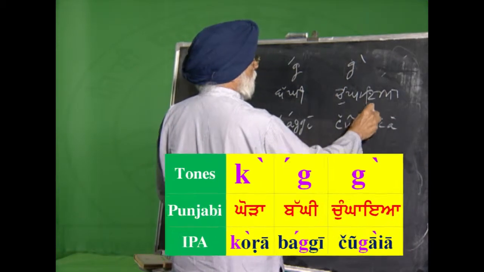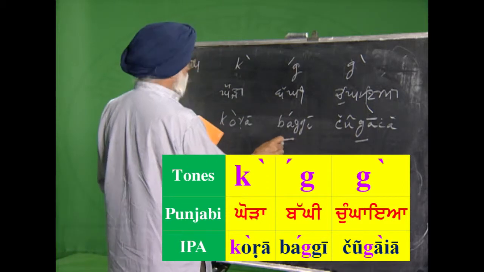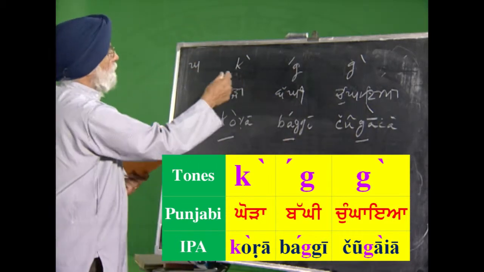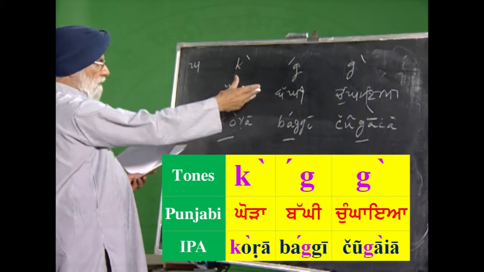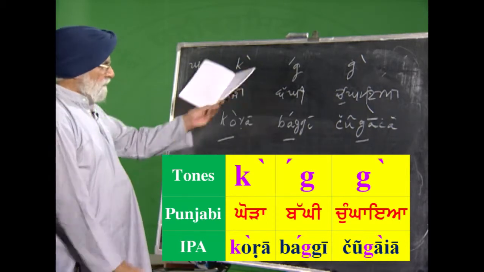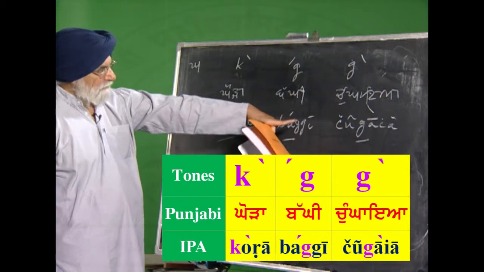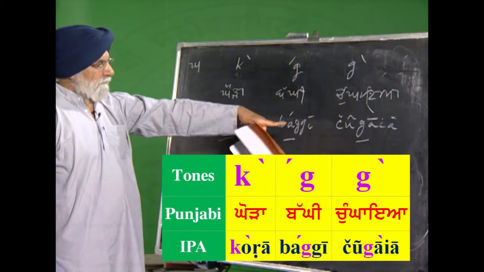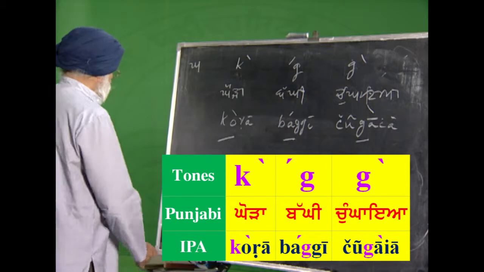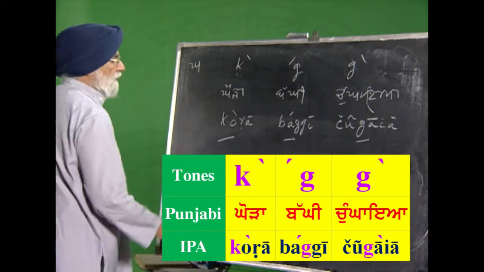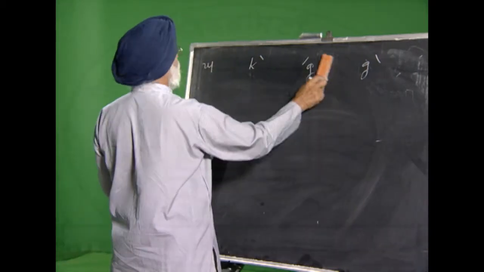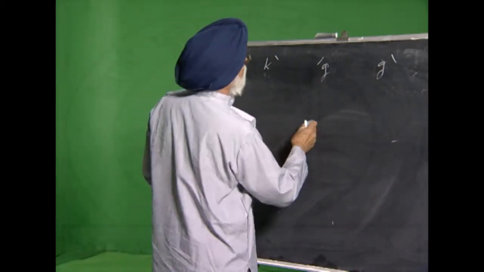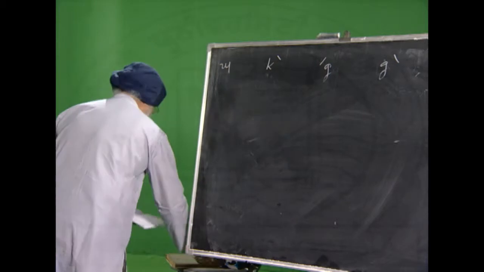You see here, here and here. This is voiceless followed by low tone and Ga voiced preceded by high tone and Ga voiced followed by low tone, exactly in the same place in the syllable structure of the language, because it depends upon the structure of the words.